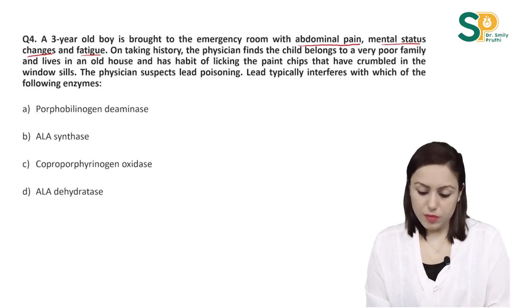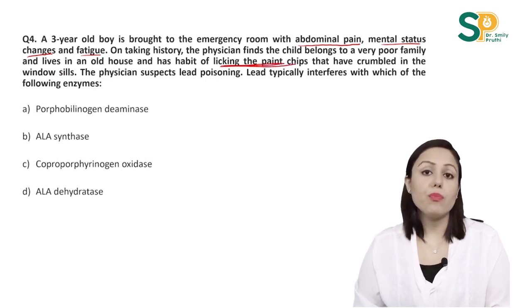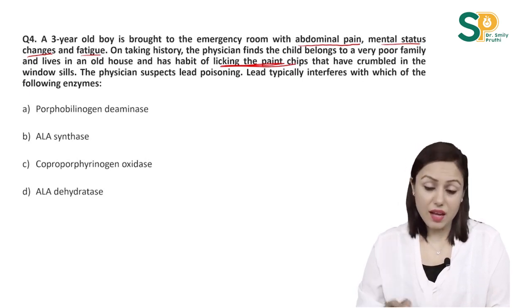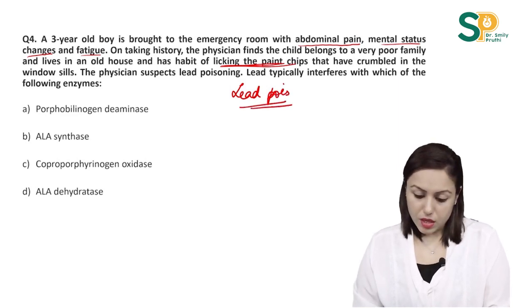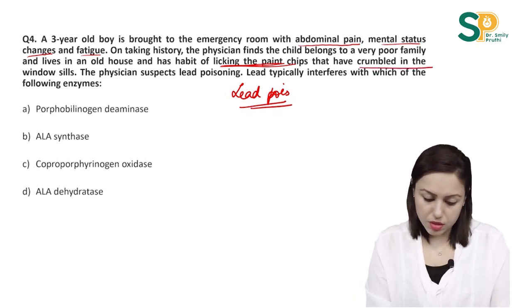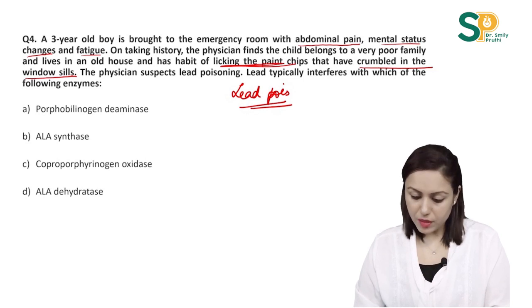On taking history, the physician finds the child belongs to a very poor family and lives in an old house and has the habit of licking the paint. Paint has lead. So, this is a case of lead poisoning. Licking the paint chips that have crumbled in the windowsills. The physician suspects lead poisoning.